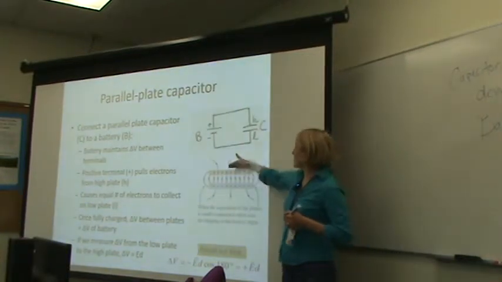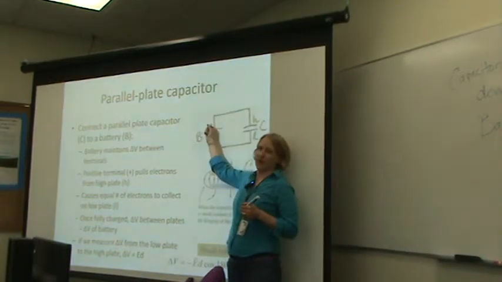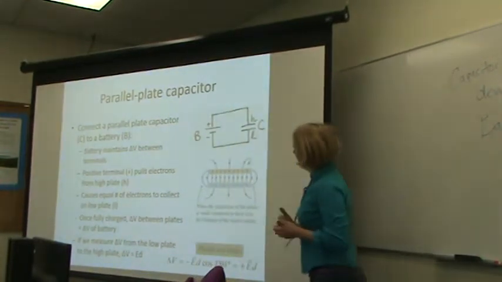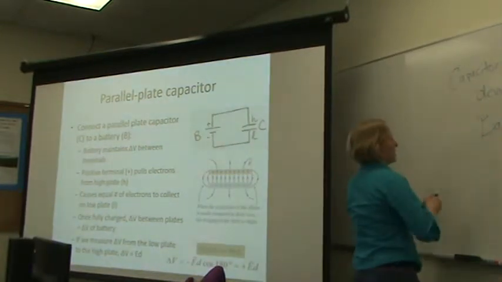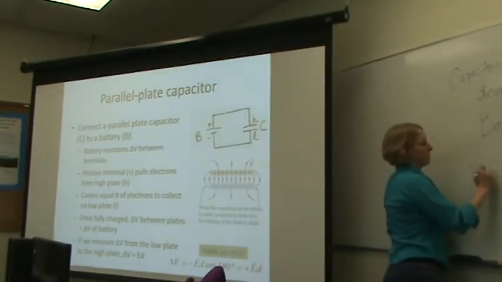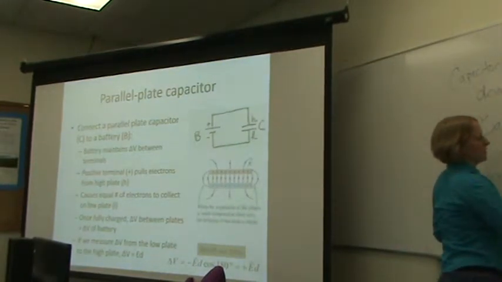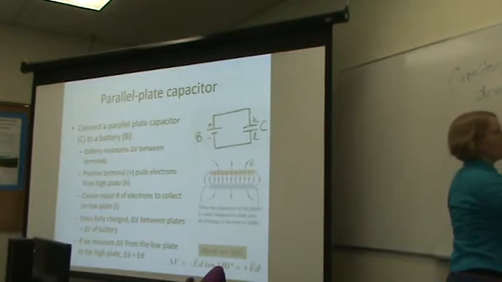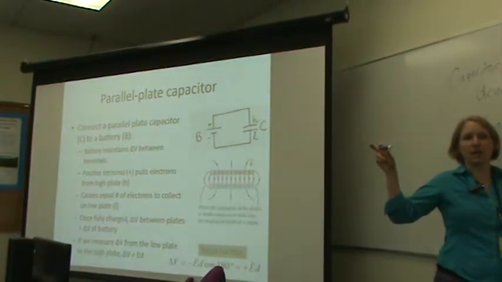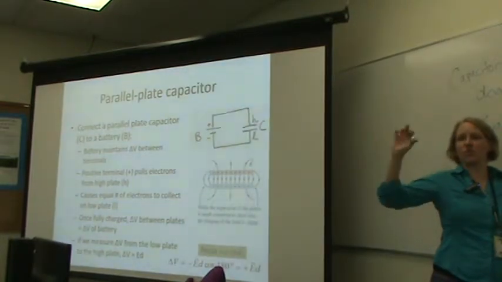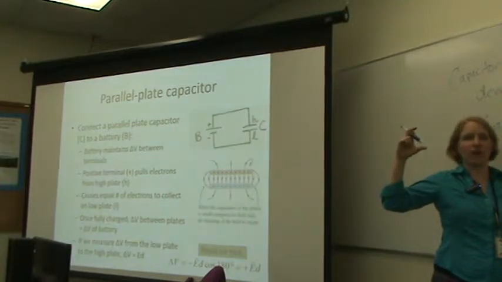The number of charges that build up on the top and bottom plate is directly related to the size of this battery. So our electric field, so the battery has some potential difference. So what we measure that as, you grab your 1.5 volt AA battery, that's the potential difference. So from the negative terminal to the positive terminal, you have an increase of 1.5 volts.